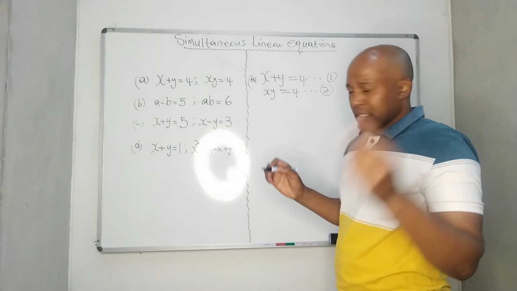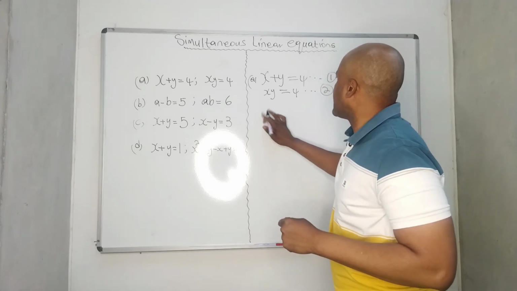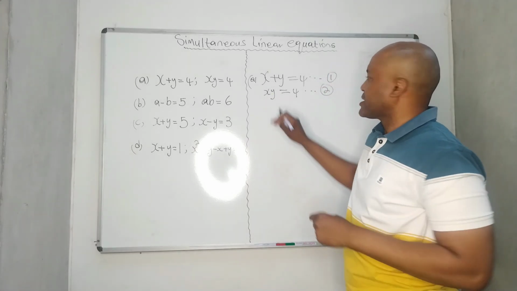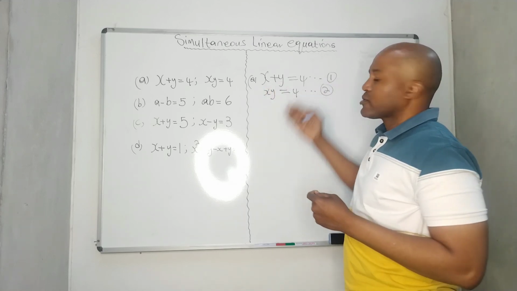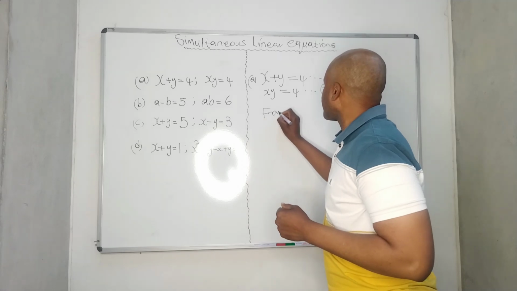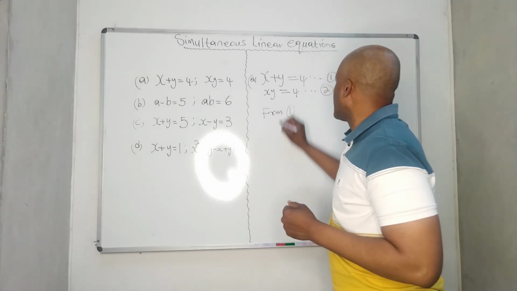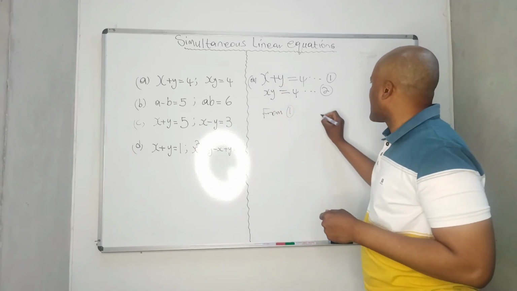So, this is what we are going to do. We're going to say, okay, which equation is simple for us? I guess equation 1 is simple. Let's say, okay, from equation 1. Let's solve the value of x there.